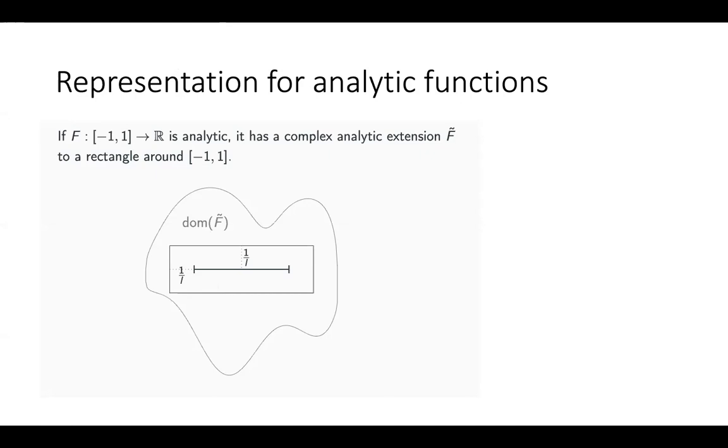And then instead of encoding those parameters m and r, we can just encode some integer parameters, one of which is this L, which is basically the radius of the power series, and an upper bound of the function on the rectangle.